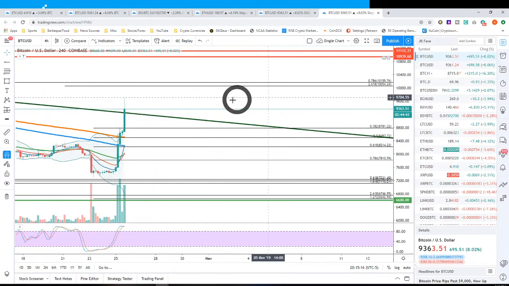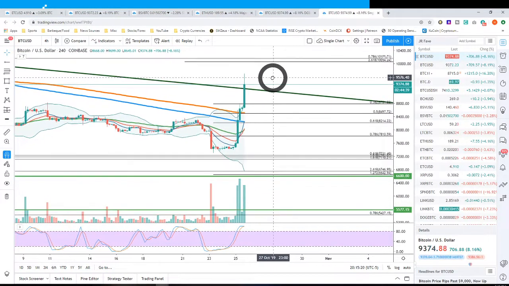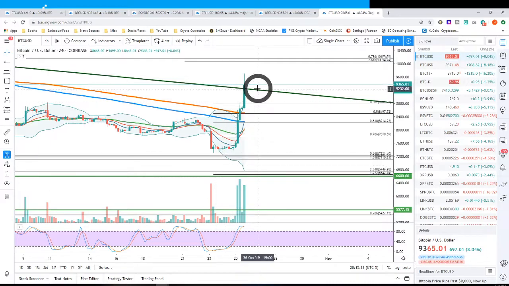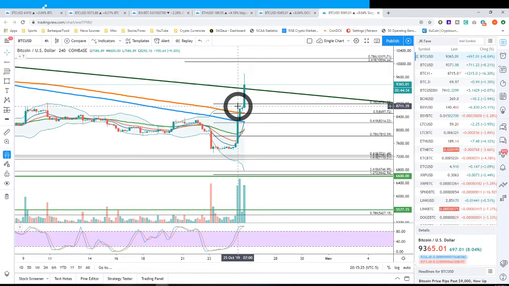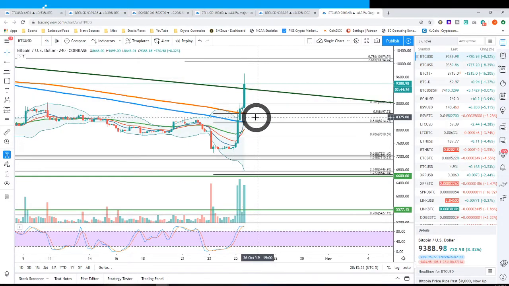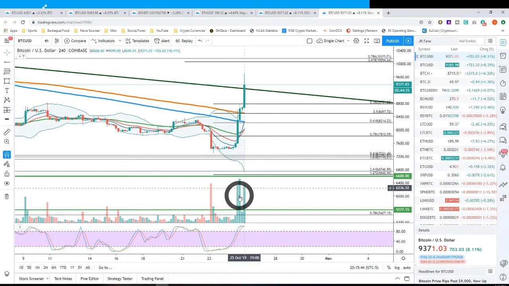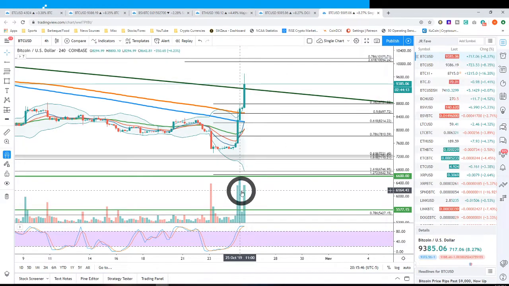But guys, I'm telling you, things are getting way out of hand right now. As much as I love this move, and I'm a big Bitcoin bull and I'm long, I love this action. It gets me excited, but I'm a realist. And so I know that things are going to come back and test the 10 and the 20 at some point. Keep that in your minds.